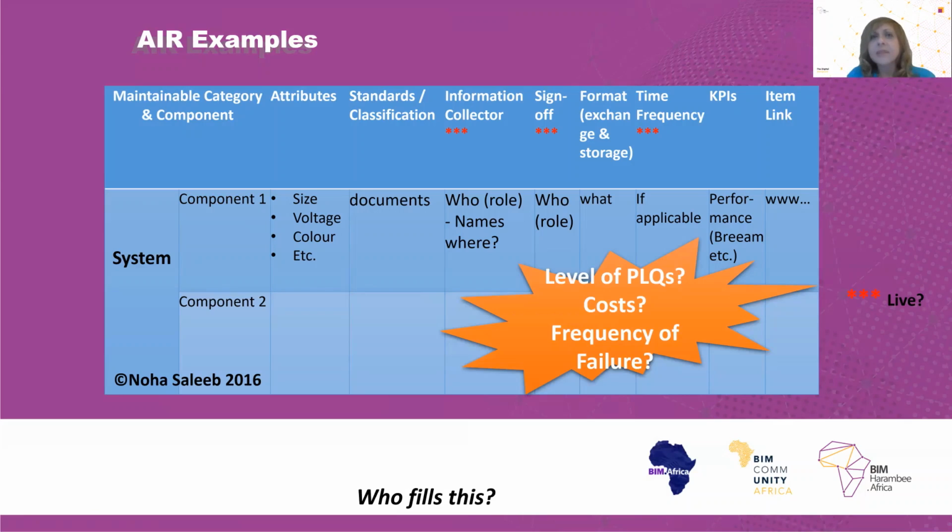But if not, then maybe they need the expertise of the lead appointed parties or the sub-appointed parties that come later on, like subcontractors or manufacturers who would help fill this in. So again, this is something that the client or the appointing party needs to take into account at the beginning when they're discussing that.